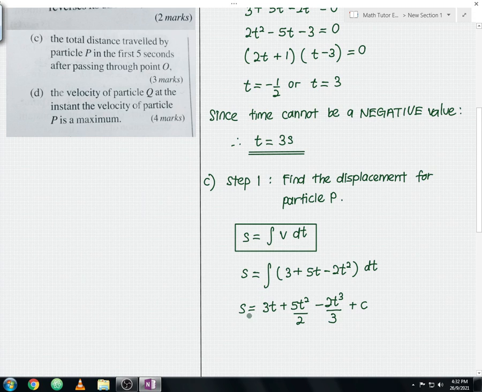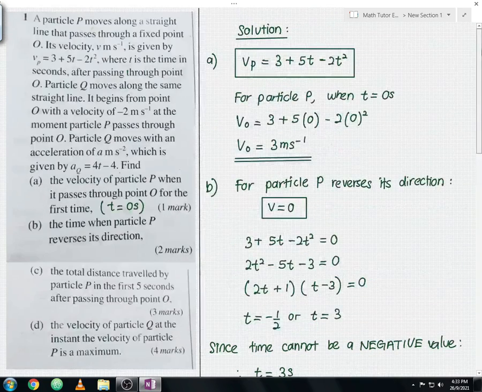Up until now, I hope you guys are clear about this. For the next step, we're going to include an important piece of information. Take a look at the statement here. It mentioned that particle P moves along a straight line that passes through a fixed point O. That means your particle starts to move at the point O itself. So this means that when time is equal to 0, your s, also known as displacement, is equal to 0.